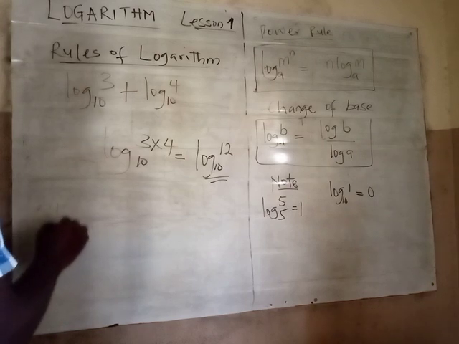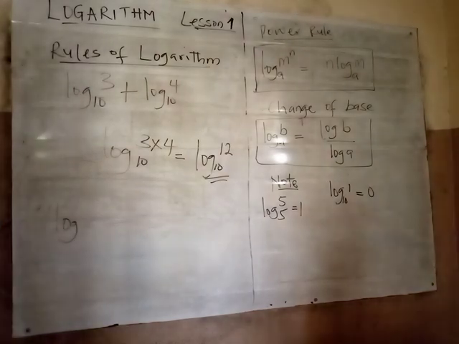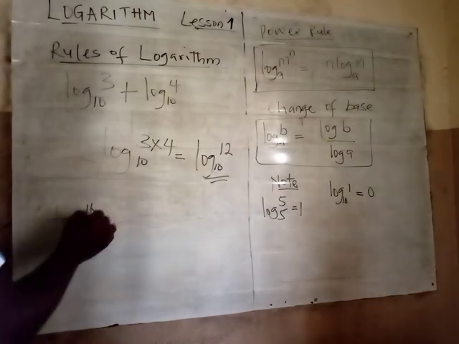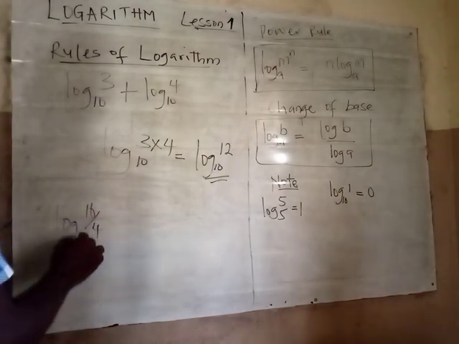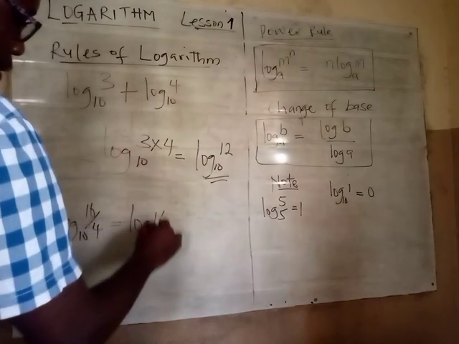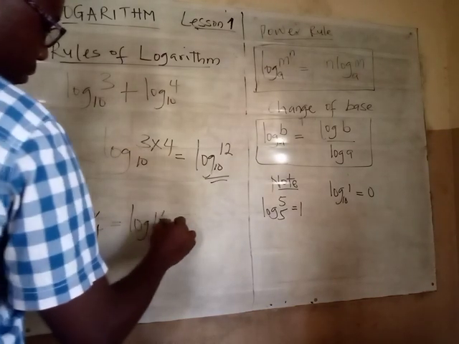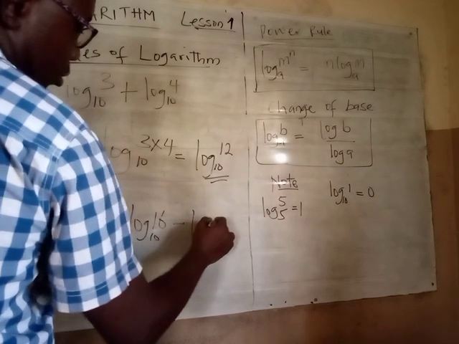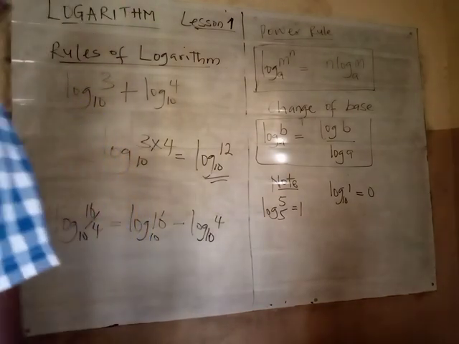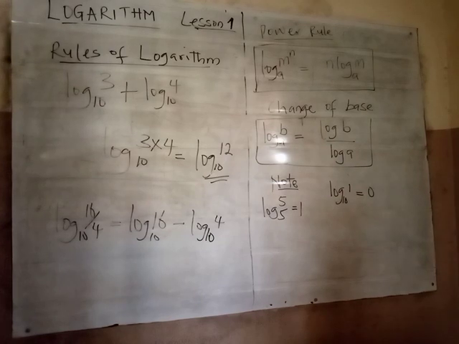Example of quotient rule. When we have log 16 over 4 base 10, this simply means log 16 base 10 minus log 4 base 10.